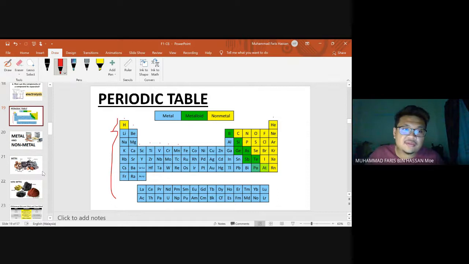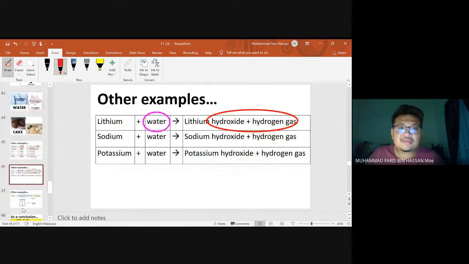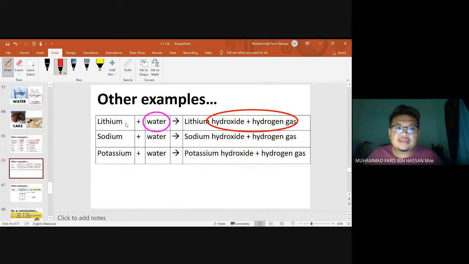So we go back to the slides, to that slide. Lithium, sodium, and potassium are all alkali metals. When all these alkali metals react with water, they form metal hydroxide and release hydrogen gas.